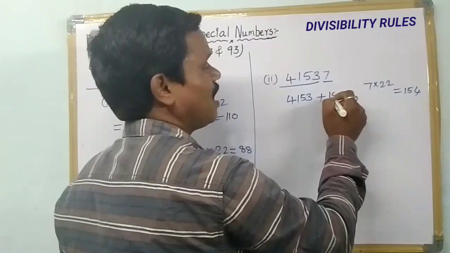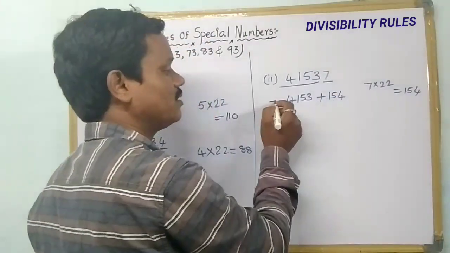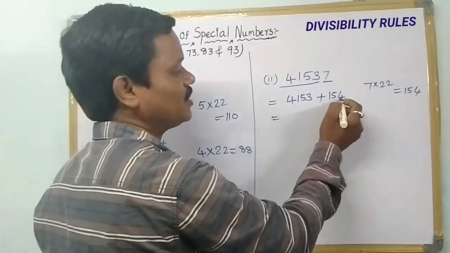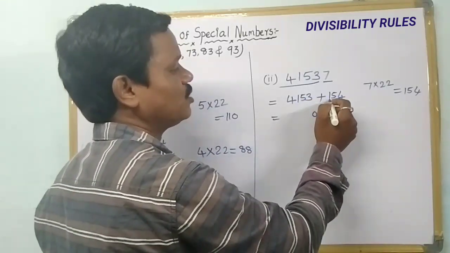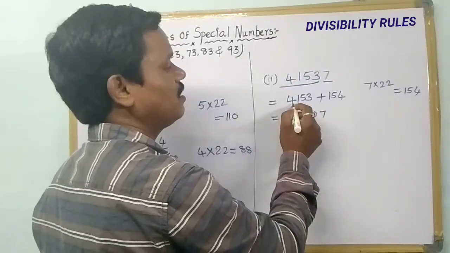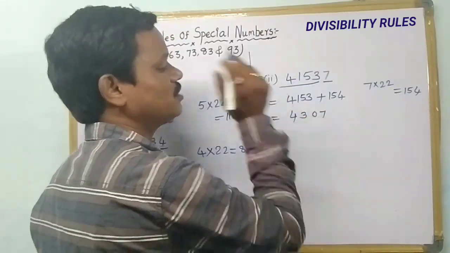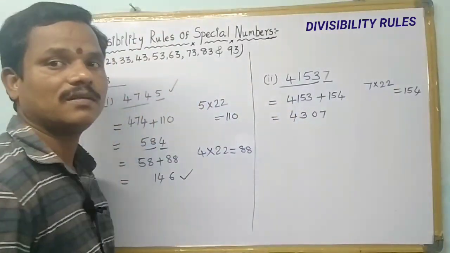Add 154 to the second part. 3 plus 4 is 7. 5 plus 5 is 10. 1 plus 1 plus 1 is 3. 4307. This is the new dividend.